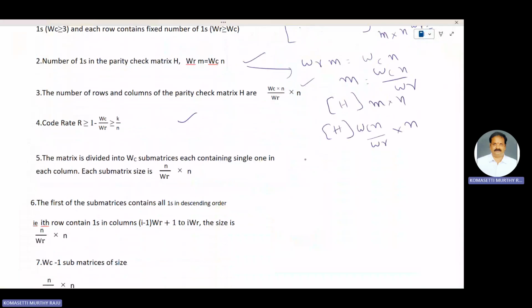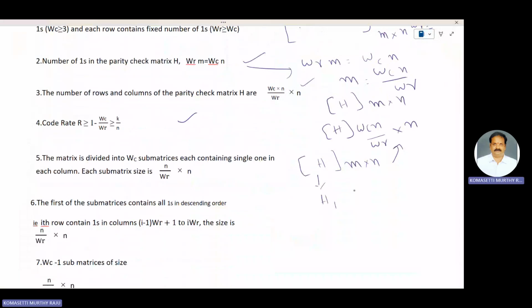This is the main H matrix of order M cross N, or else this one is divided into WC submatrices, each containing a single one in each column.